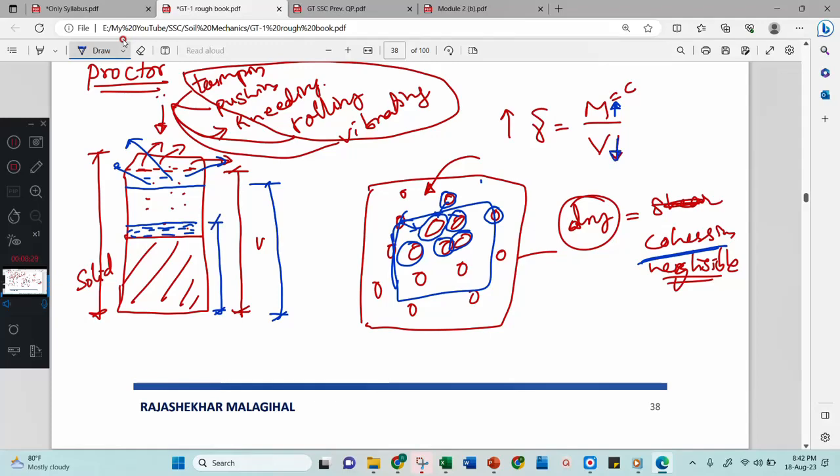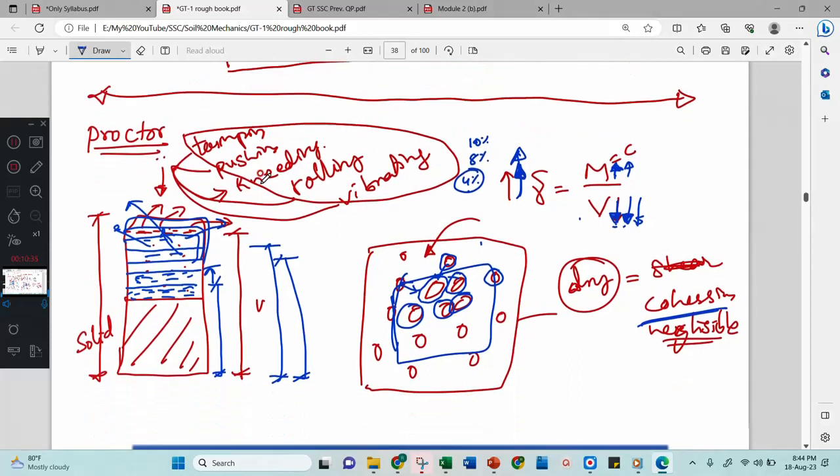I have to explain it in reverse: in the initial condition, mass increment will be shown with more arrows, and volume decrement with fewer arrows. Volume decrement will be with 1 arrow, and mass increment will be more, with 2 arrows.